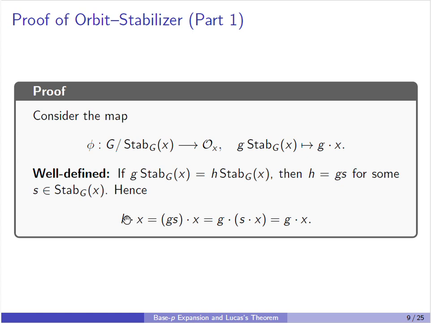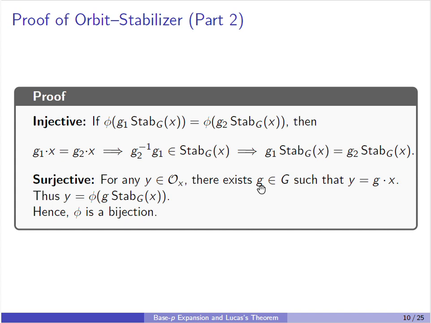But by definition h is equal to gs, so it's equal to gs times x. Remember the second property that makes this a group action: this is the same thing as g times (s times x). Since s is in the stabilizer, s acting on x just gives you x back, and then you get gx. So this shows that the images are equal, and that the map is well defined.